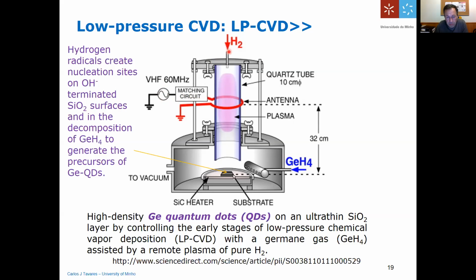Afterward, these hydrogen radicals which are generated here are absorbed on the surface of your substrate. You have here a silicon carbide heater, and when the germanium gas absorbs on the surface, these radicals will break down the GeH4, and you will leave only germanium islands on the surface, which can afterwards be nucleated into germanium quantum dots.